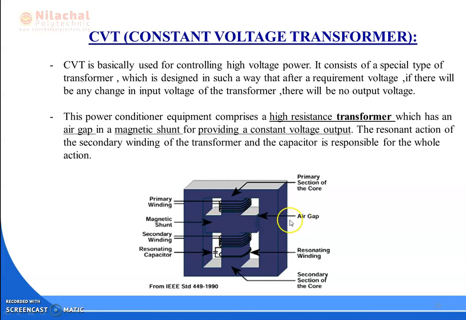There is also an air gap between them. The secondary winding is bound with a resonating capacitor with the help of a resonating winding. This resonating capacitor is responsible for the whole action that we get from CVT.